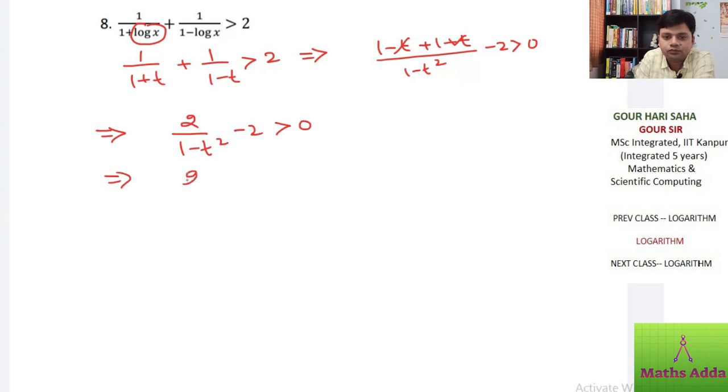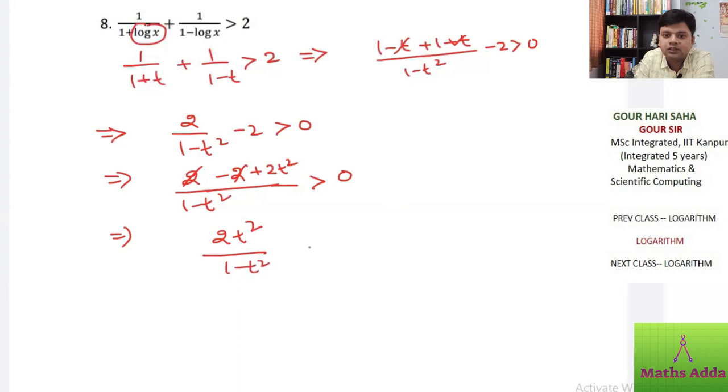Simplified, two will cancel out, it is 2t square by 1 minus t square greater than 0. Now sign scheme, so what are the critical points? 0, and this is what? (1 minus t) into (1 plus t).